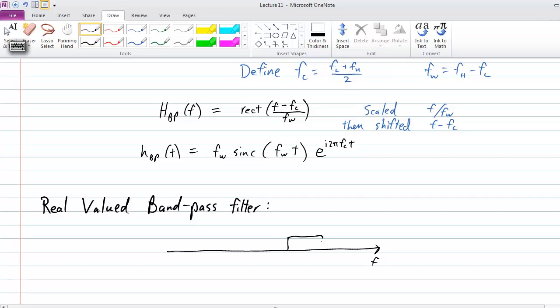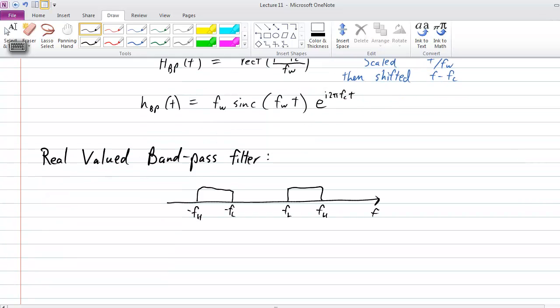We've got F low and F high, and we've got minus F low and minus F high. And what we're going to end up with is the sum of two things.